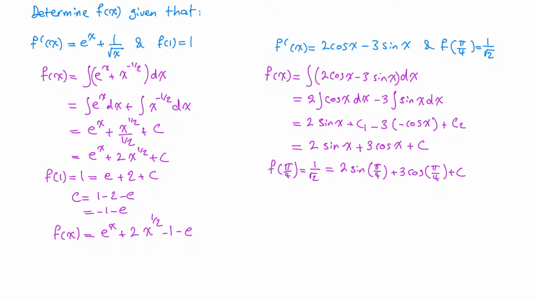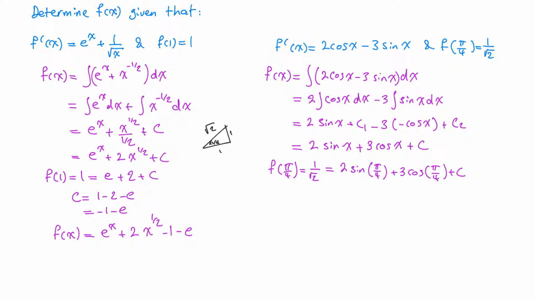Now, on the side, if we use our special triangles really quickly, I get 1, 1, square root of 2 for pi over 4. So cosine is adjacent over hypotenuse, so that's 1 over square root of 2, and sine is opposite over hypotenuse, so then I get the same thing for both cases.